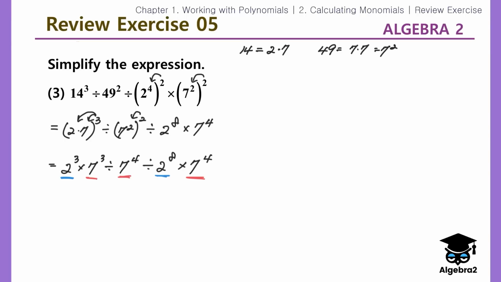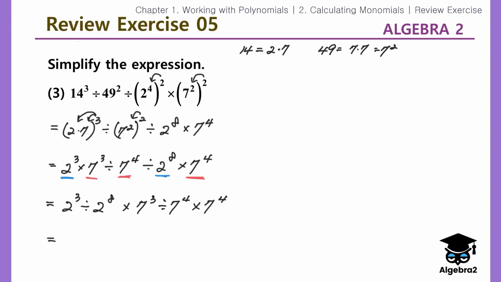Okay. This time, we're not going to convert this division to multiplications, okay? What I'm going to do is I'm just going to rewrite 2 cube divided by 2 to the 8, collect numbers with the base 2 and collect numbers with the base 7. So times 7 cube, 7 to the 4, right?